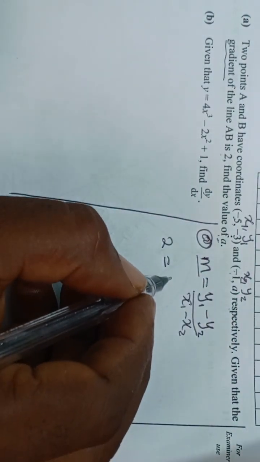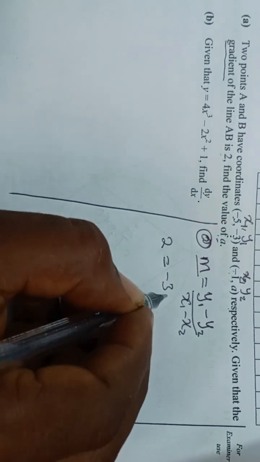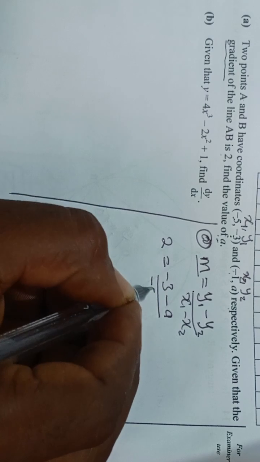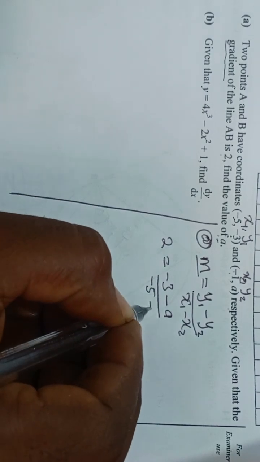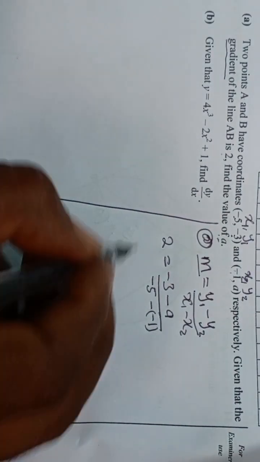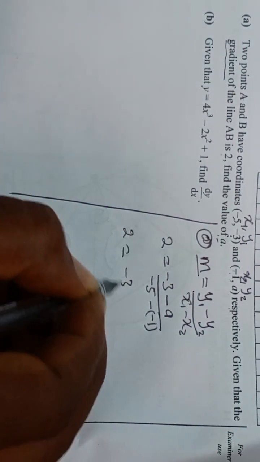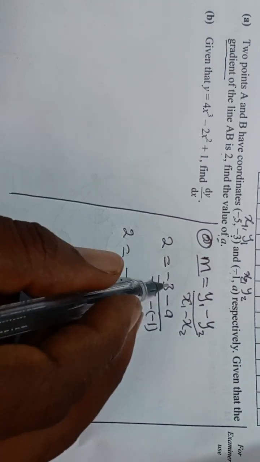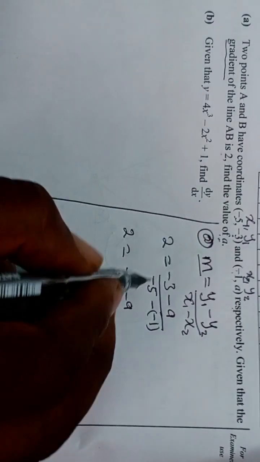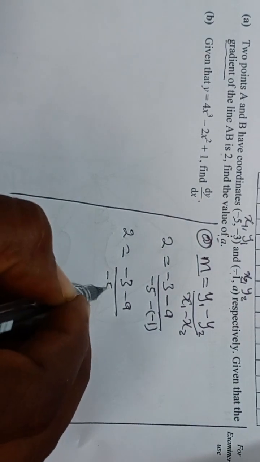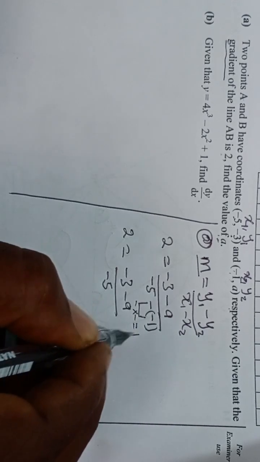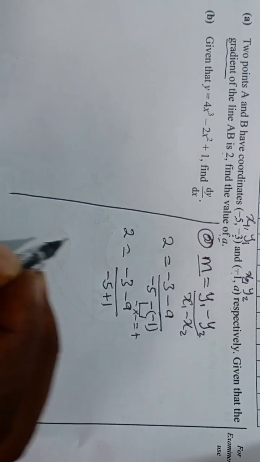So y1 is -3 minus y2, it is A. x1 is -5, x2 is -1. So 2 equals (-3 minus A) over (-5 minus -1). Remember that you cannot subtract these two because they are not like terms. So -5, negative negative is positive, so that is +1.